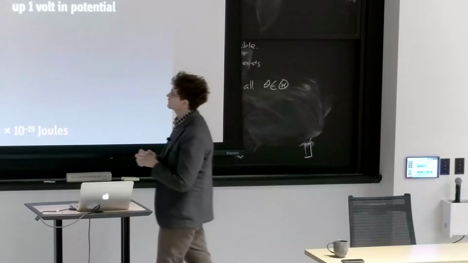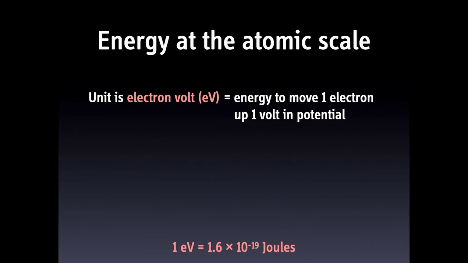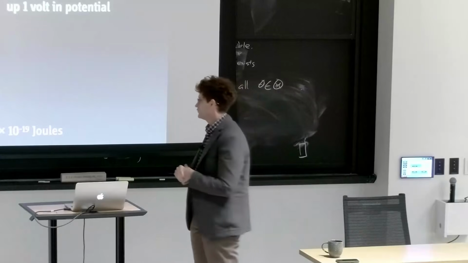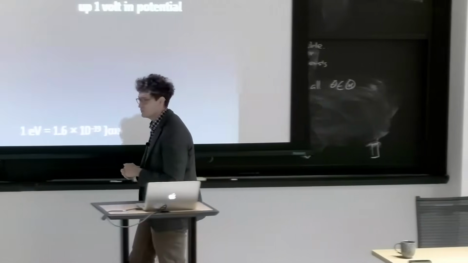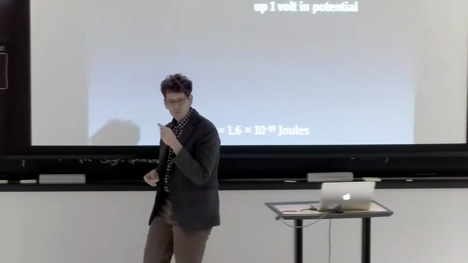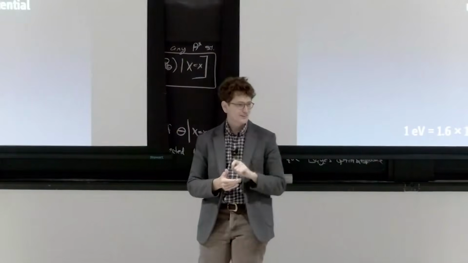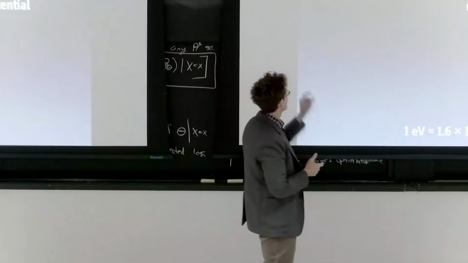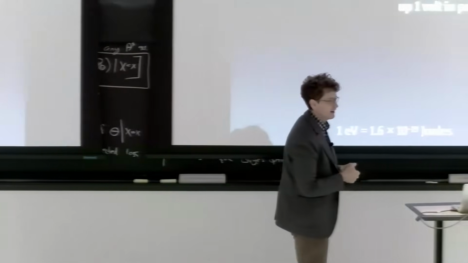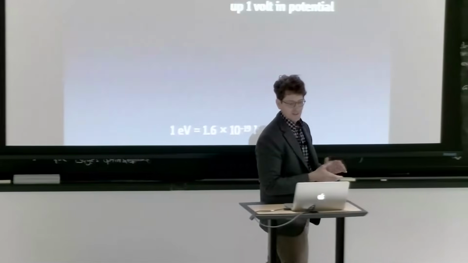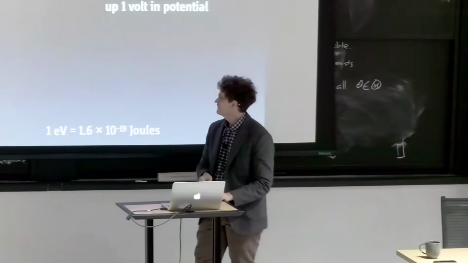So we use this unit called the electron volt. And it is defined as the energy required to move one electron up 1 volt of potential. So if you think of your AA battery, which is 1.5 volts, and you need to move one electron from one electrode to the other electrode, the amount of energy it would take would be 1.5 electron volts. So that is the energy.